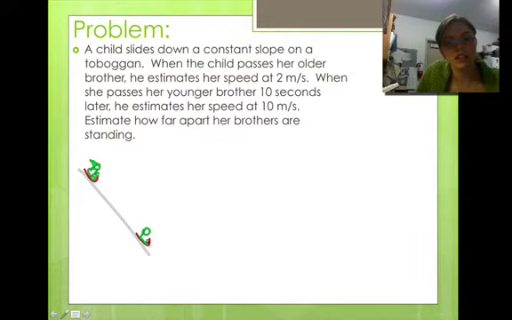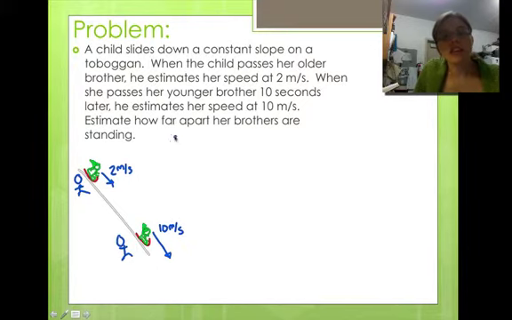She'll be sitting down here as well. Okay, and her brothers. One estimates her going at 2 meters per second, and the other estimates she's going at 10 meters per second. Very good estimators, by the way.